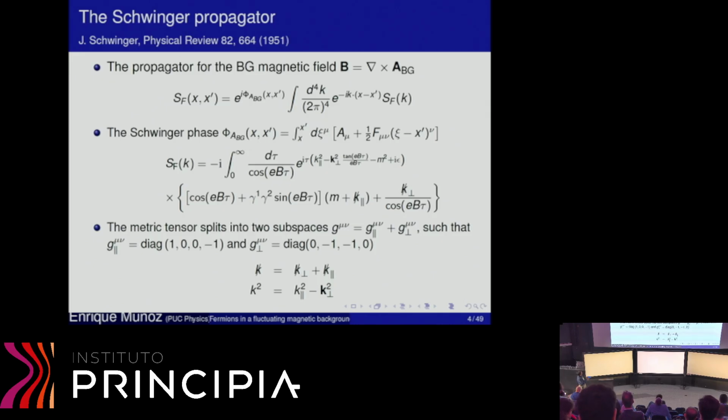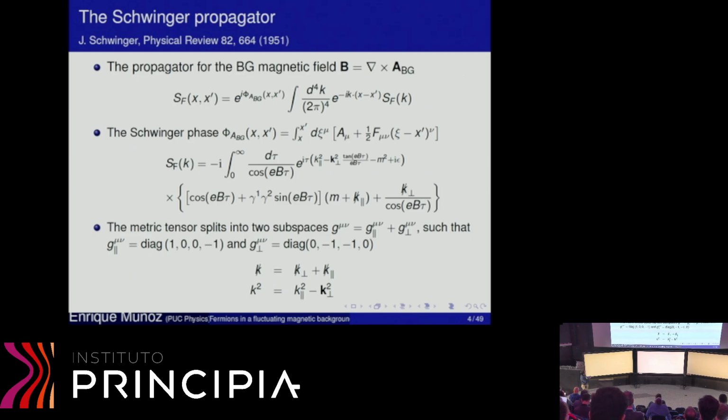So this is the Schwinger propagator for the case of a constant magnetic field. In this case, the magnetic field imposes a preferred direction that breaks the Lorentz invariance into two orthogonal subspaces, as you can see in the metric, the parallel and perpendicular components with respect to the magnetic field.